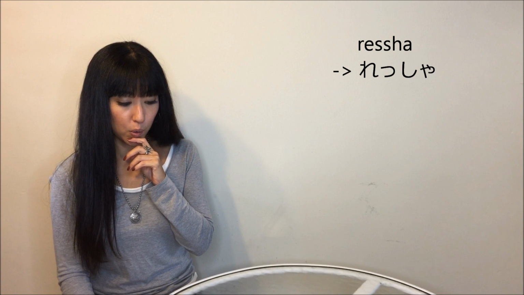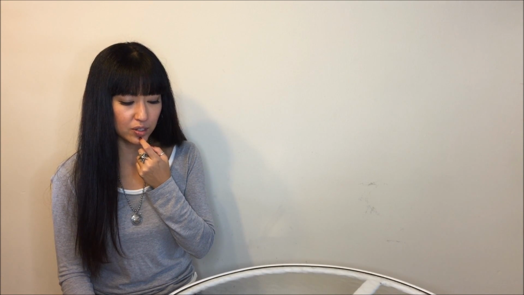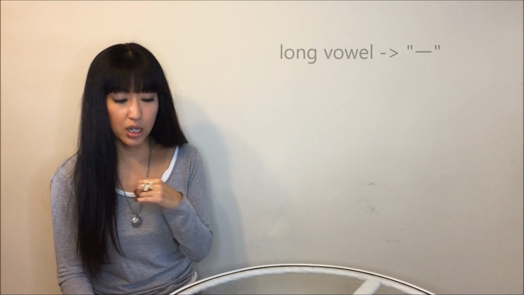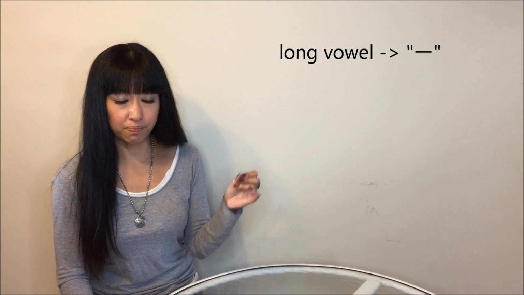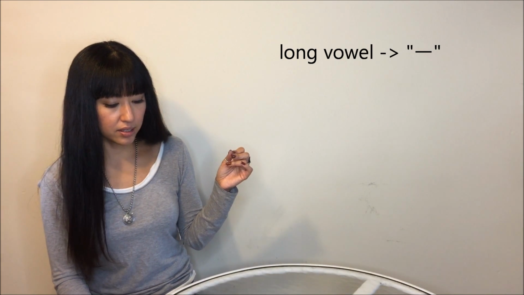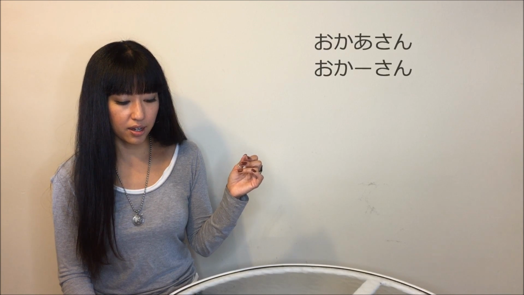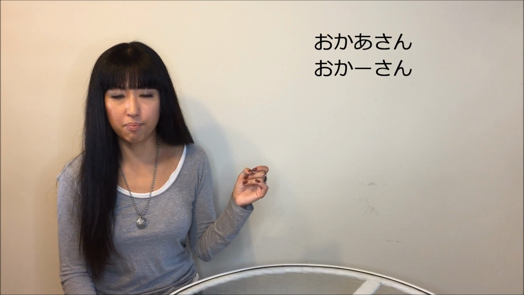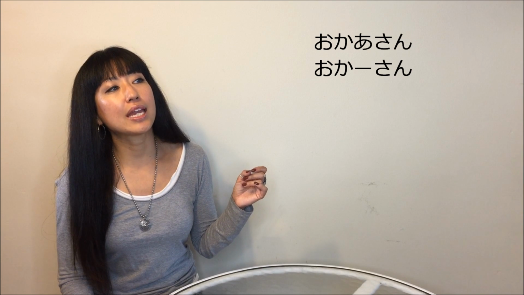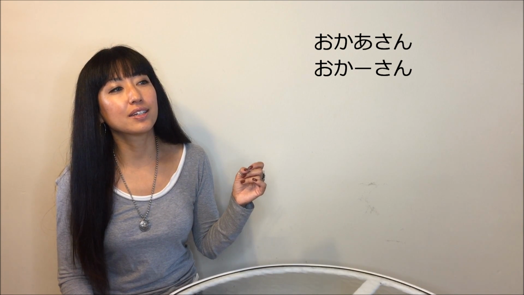I have one more symbol, but this is not really used for hiragana. It's more for katakana, which is to elongate the vowel. What I mean is, let's say okaasan, mother, right? In hiragana, we use okaasan.